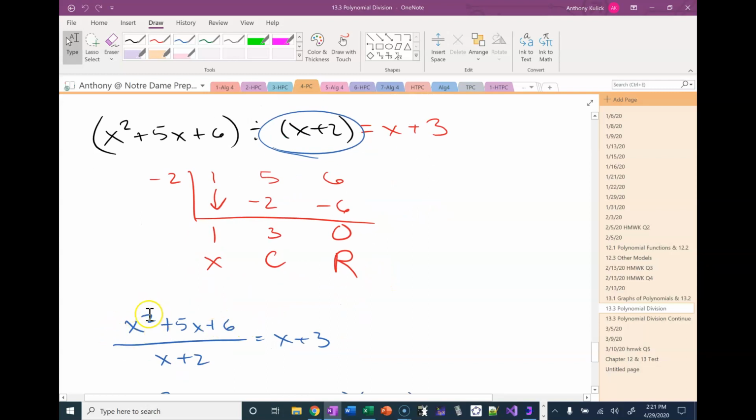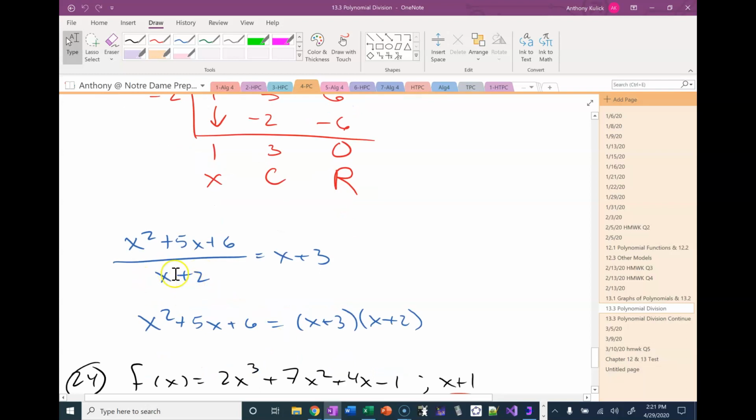It says that the fraction x squared plus 5x plus 6 over x plus 2 is equal to x plus 3. Or if we multiply both sides by x plus 2, we get that x squared plus 5x plus 6 equals x plus 3 times x plus 2. So what this synthetic division process gives us is a way to factor.